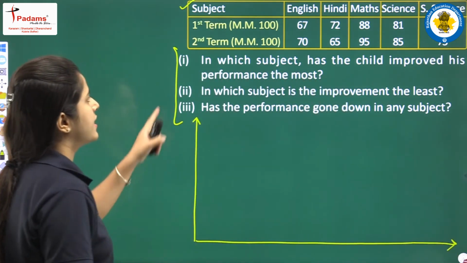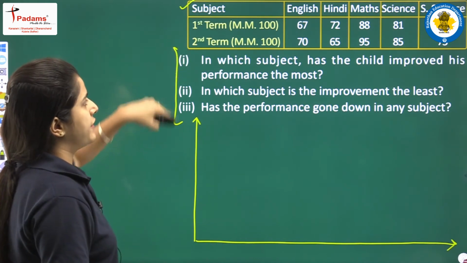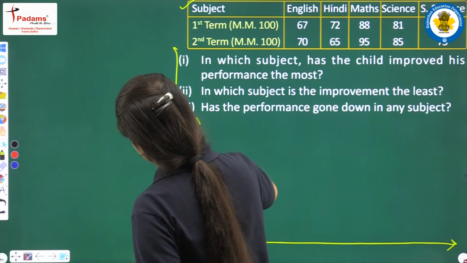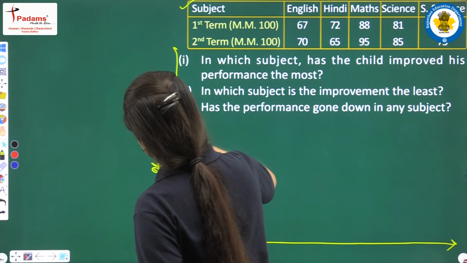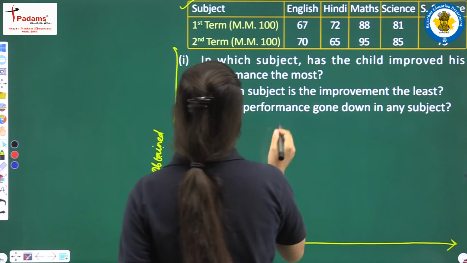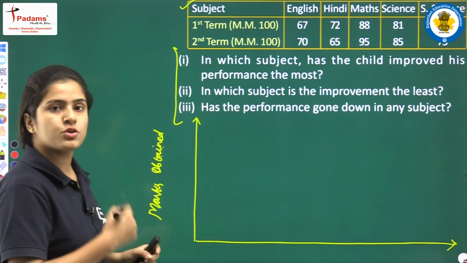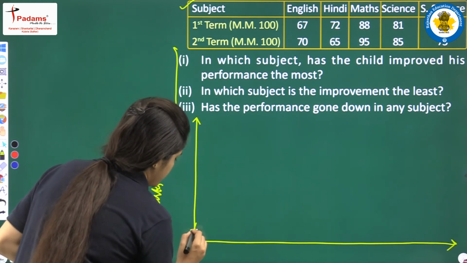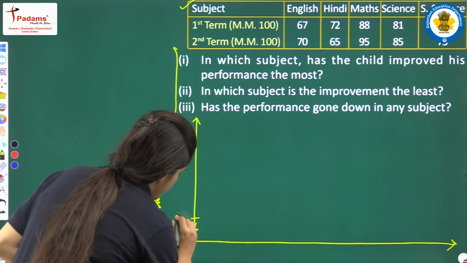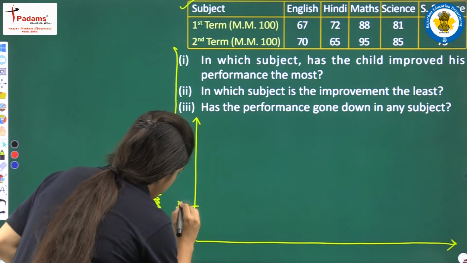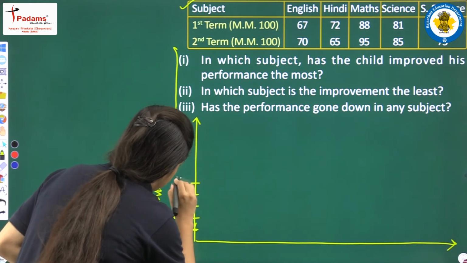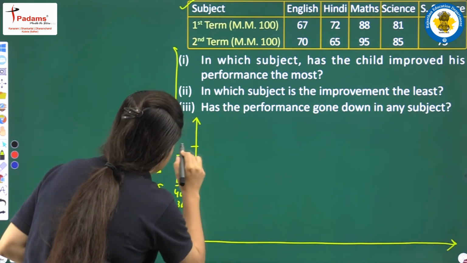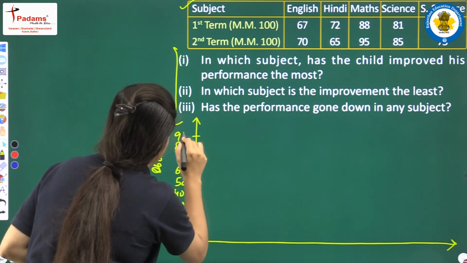All right students, firstly here we'll be taking the marks obtained out of 100. So we'll take the scale from 0 to 100: 10, 20, 30, 40, 50, 60, 70, 80, 90 and 100.